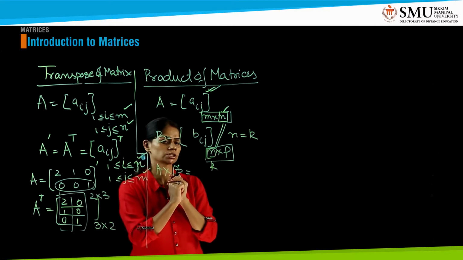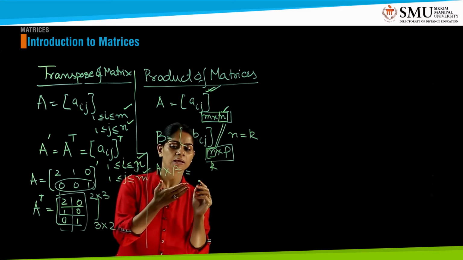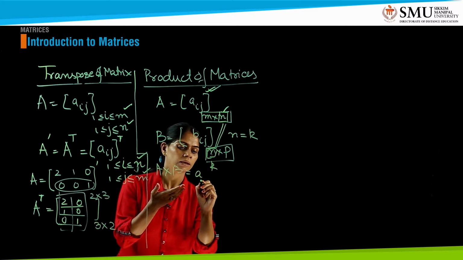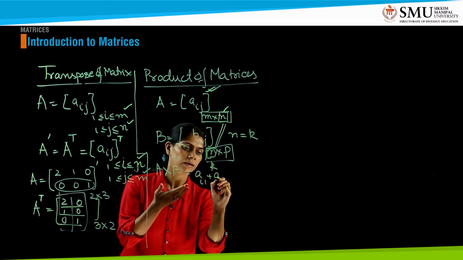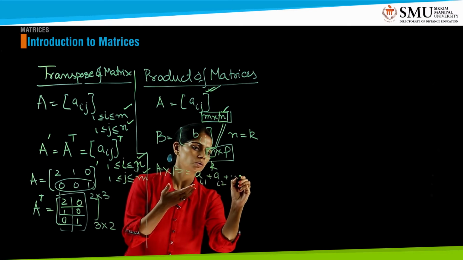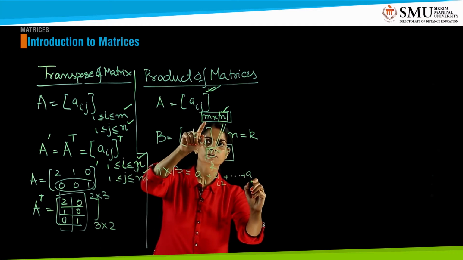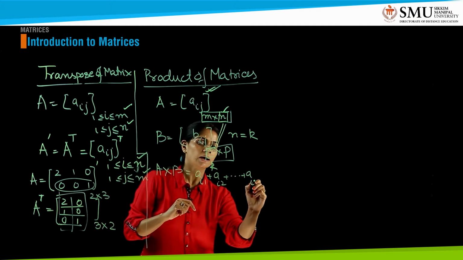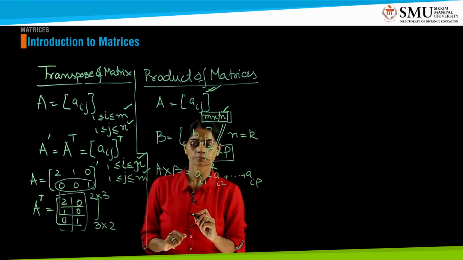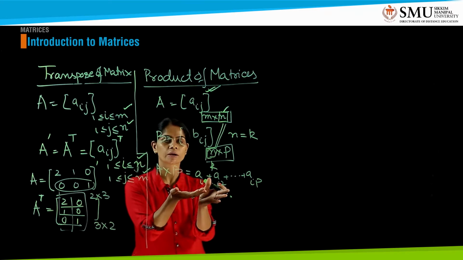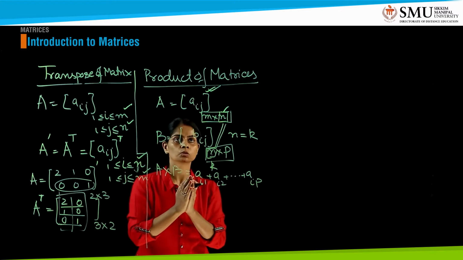So, if this condition is satisfied, then A cross B is equal to a_i1 b_1j plus a_i2 b_2j plus so on plus a_in b_nj, with i from 1 to m and j from 1 to p. This is in general how we are going to define the product of two matrices.